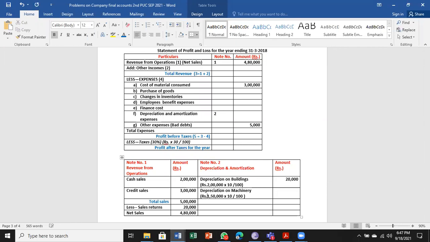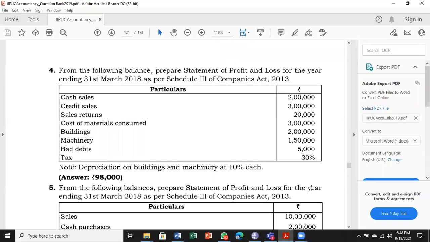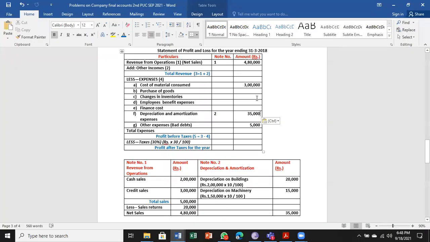Machinery value is 1,50,000. 10% of it amounts to 15,000. So 2 depreciations they have given: 20,000 and 15,000. Total is 35,000. So this 35,000 I will take to depreciation and amortization. Now you can see we have completed all except tax. Tax part I will work on later.